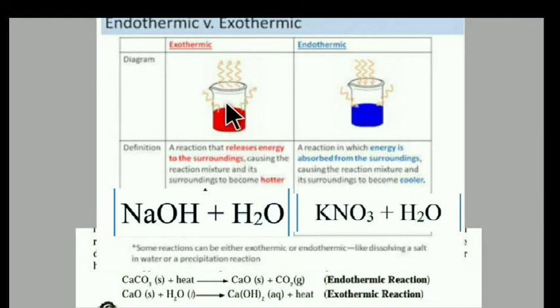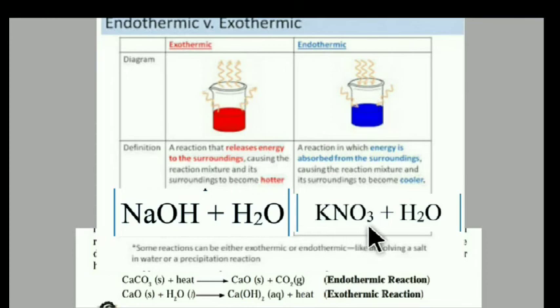Here heat is given out. Example: NaOH, sodium hydroxide, plus H2O, that is an aqueous solution of NaOH, is an example of exothermic reaction. So in this reaction, the mixture and surroundings become hotter.